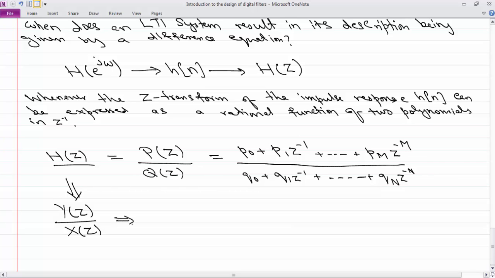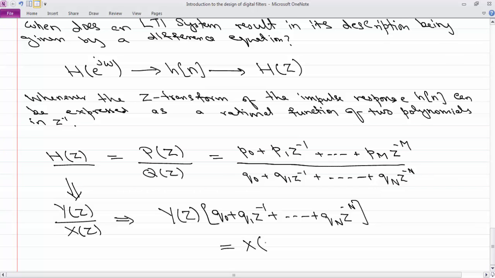So this means that if you cross multiply, you get Y(z) times (q0 plus q1 z inverse plus ... qn z to the minus n), that is equal to X(z) times (p0 plus p1 z inverse plus ... pm z to the minus m).